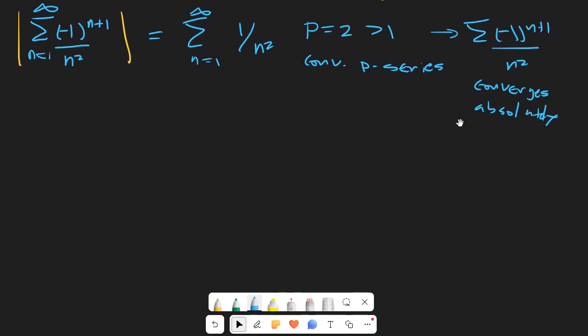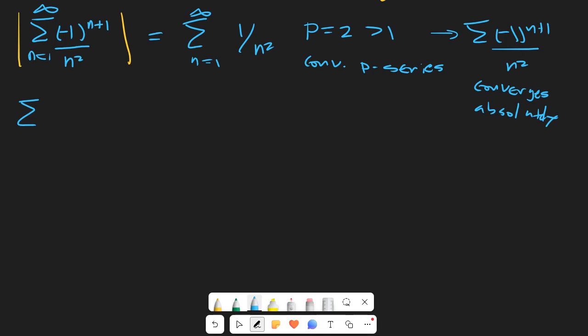Well, only thing though is that, what if you were to switch the sign? What if you had n equals 1, and you have -1 to the nth plus 1, and this is divided by n, and that goes to infinity.